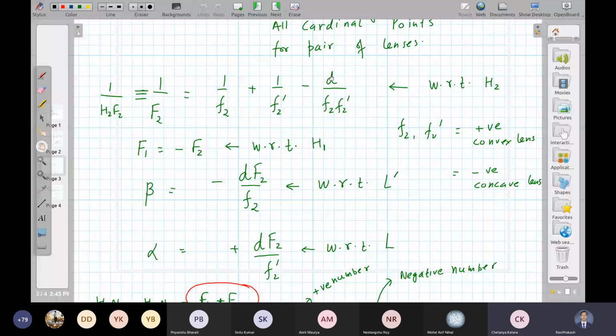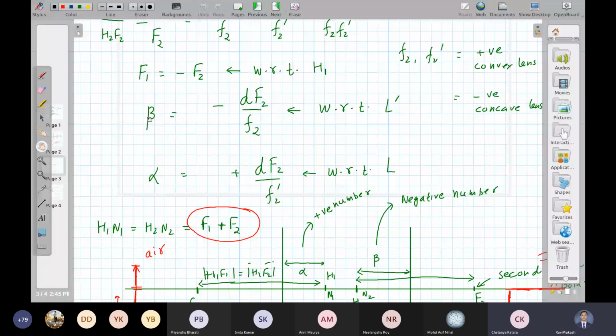D will always remain positive. If capital F2 is a negative number, the whole setup is behaving like a concave system. If capital F2 is positive, the whole setup is behaving like a convex system. Suppose the total capital F2 comes out positive, it means beta is positive times positive divided by positive, into a negative number. So beta is negative.